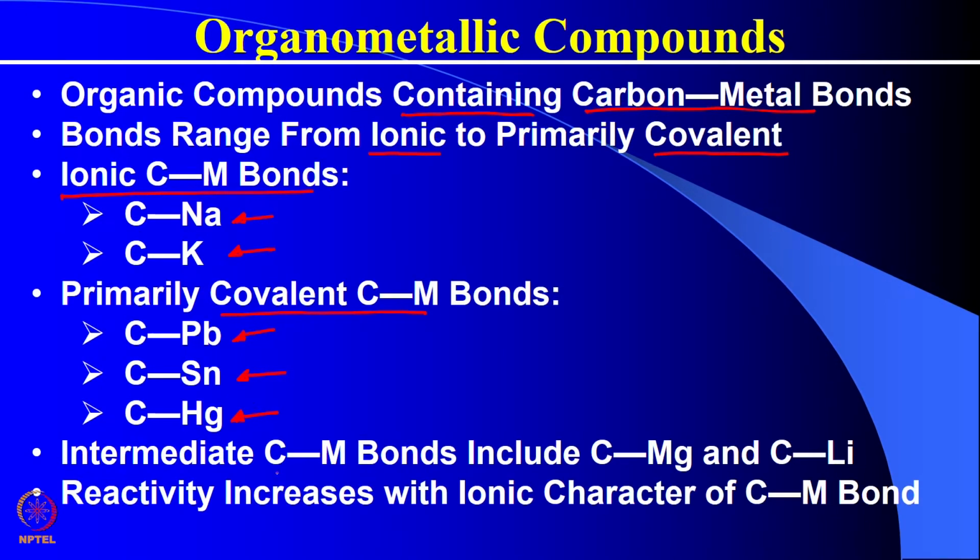The intermediate carbon-metal bonds are very important. Those are carbon-magnesium and carbon-lithium, which form a character which has similarity to both ionic and covalent bonds. And the reactivity increases with ionic character of the carbon-metal bond.